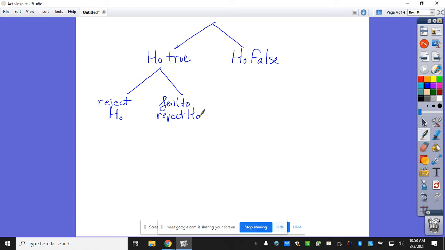So even if it went this way, I could have made the decision to reject the null hypothesis or fail to reject. So those are just writing out all of our possible scenarios.